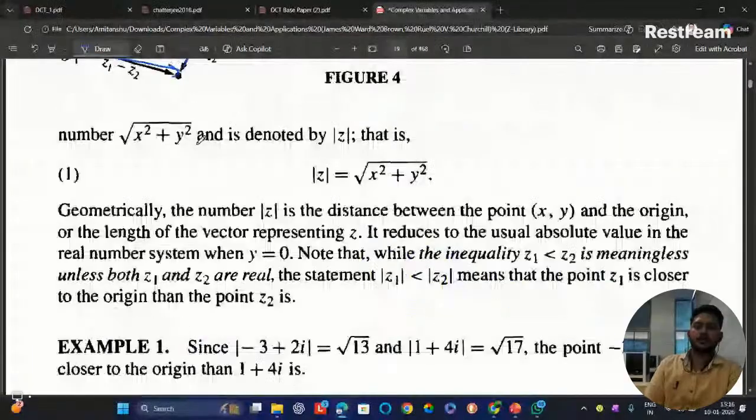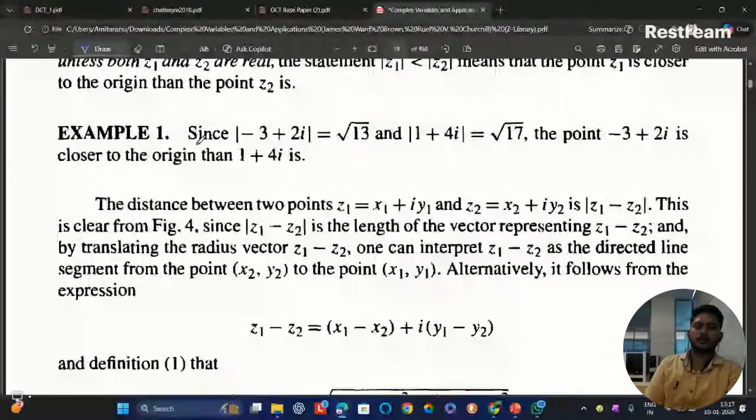Now I think here is some more example which has a different form. So here take vectors, one is real and another one is iota. These are the closest to the origin.